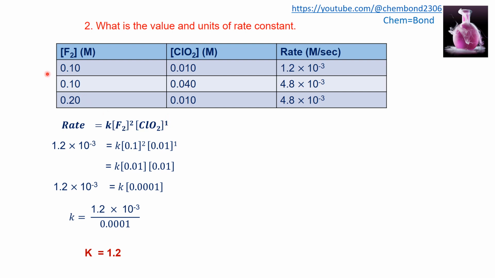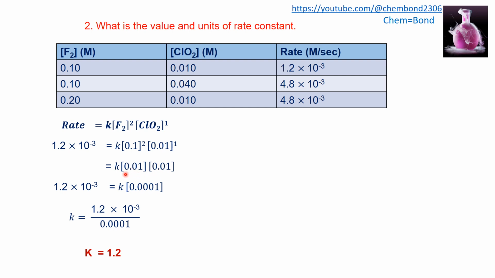So we will take the values from reading 1. For fluorine, it is 0.1 but it has second power, and 0.01 for chlorine dioxide but it has first power. So 0.1 multiplied by 0.1 will produce 0.01, and the 0.01 for chlorine dioxide will remain the same because it has first power.